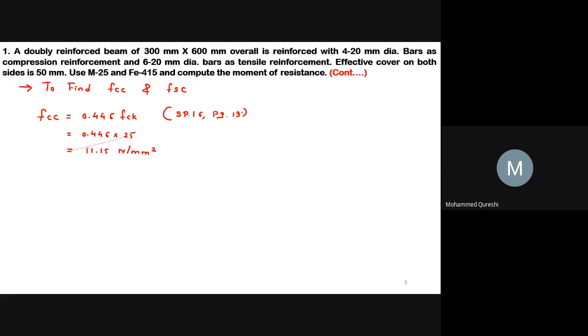Now, we have to calculate the value of FSC, and for FSC, as we had discussed in the previous lecture, we have to use SP16 page 13 table F. So firstly, for that we have to calculate the ratio of D dash by D, as the value of D dash is given as 50 mm effective cover on both sides. So here 50 upon, and effective depth is 550.